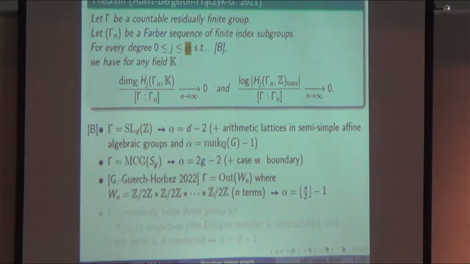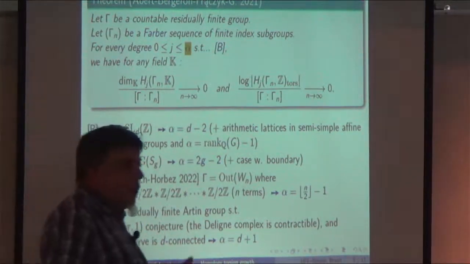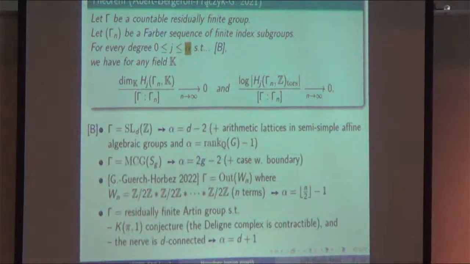Okay? And if gamma is a residually finite Artin group, then we want it to satisfy the K(pi,1) conjecture, which is, conjecturally, satisfied for all the Artin groups. It is known for few of them, but okay.